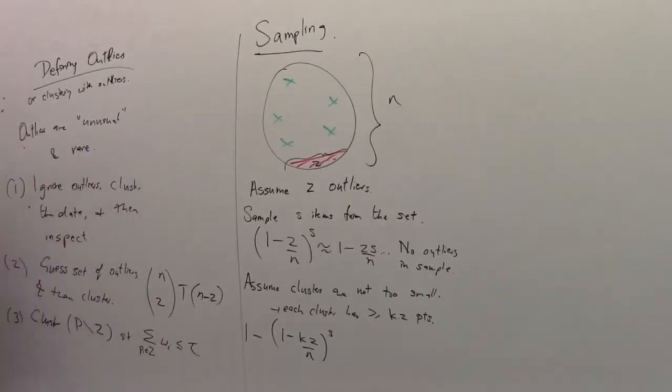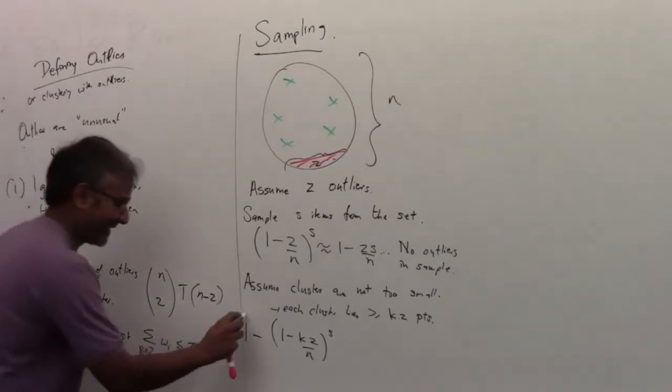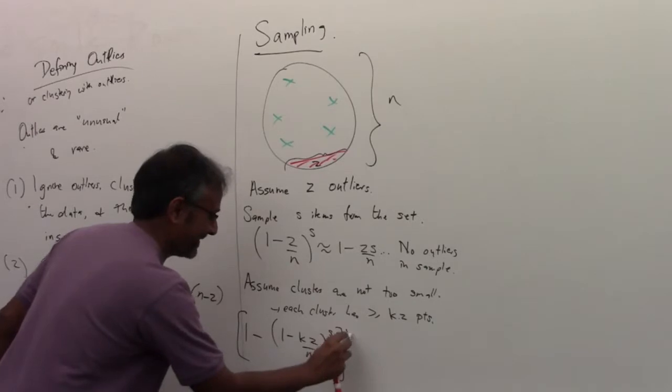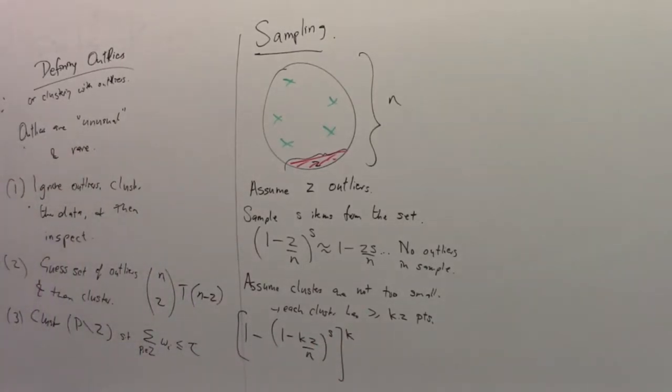But this has to happen for every cluster. So now you have to do this, because now it's an and thing going on here. Again, you can use various binomial tricks to simplify this as well.